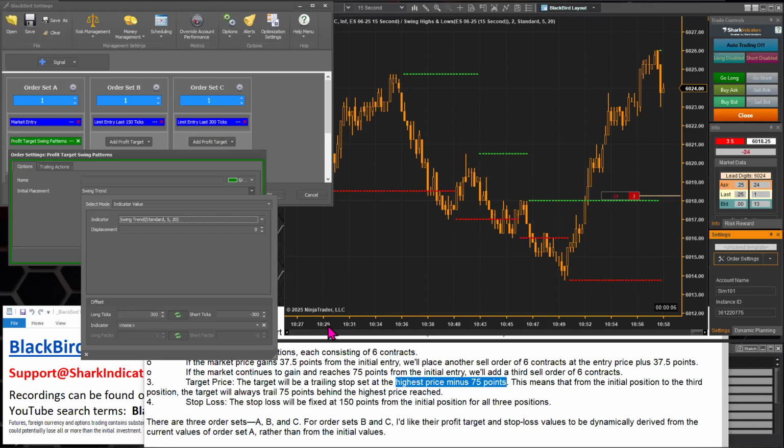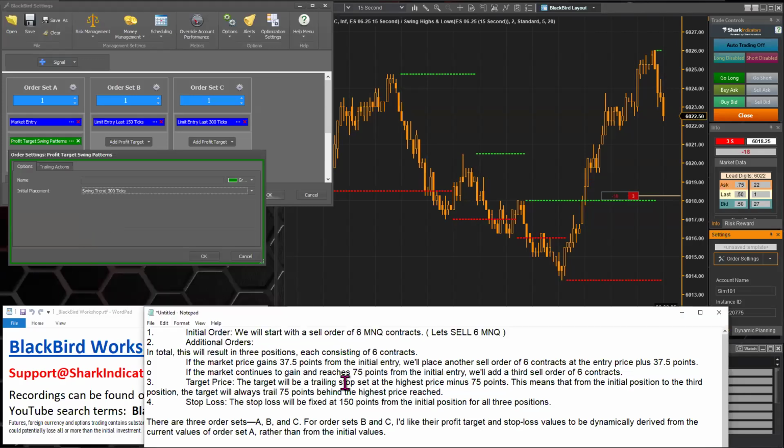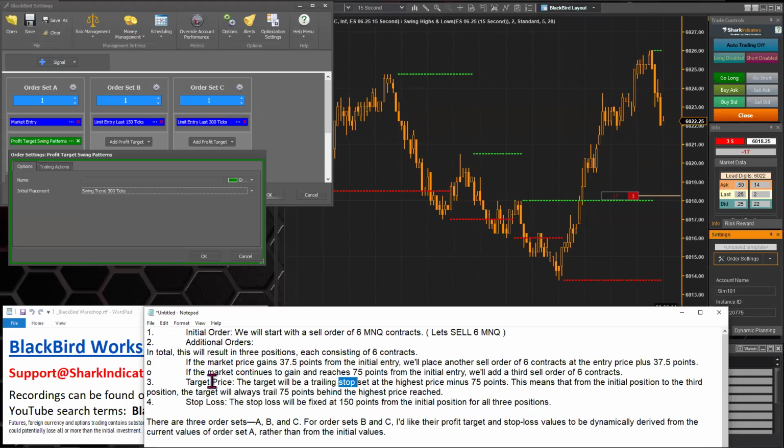All right, so now we do have a trailing here. One thing to note, Blackbird does not place stop orders for your targets.